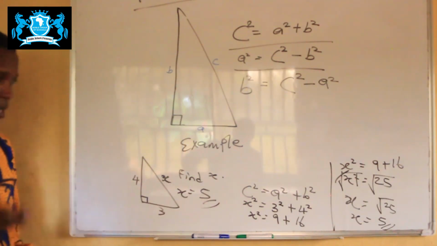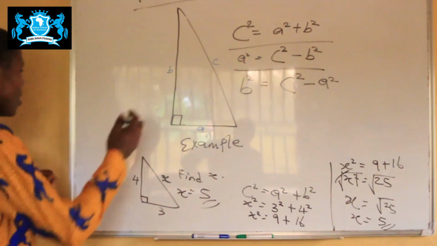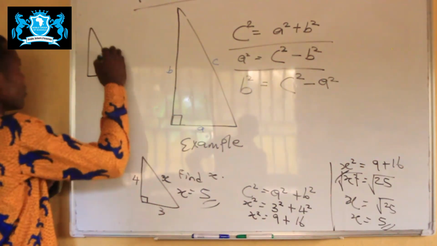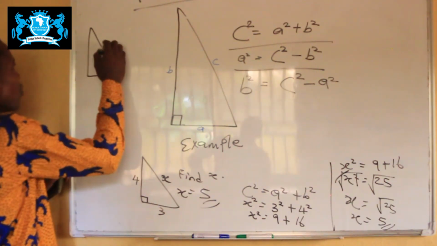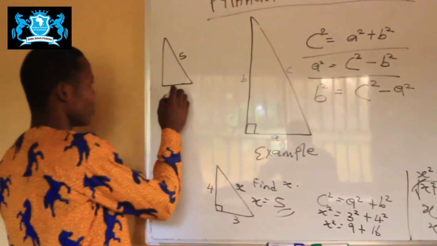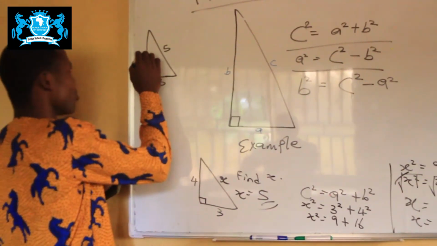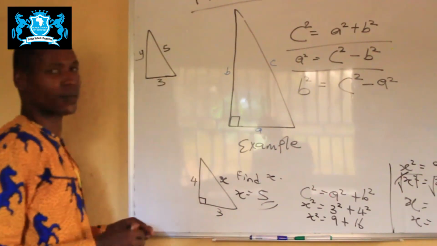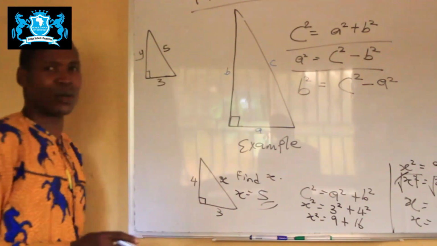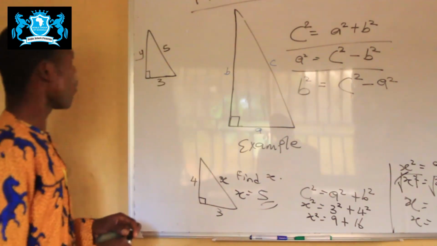Do you understand? Another way to look at it is, what if we are given, let's assume we are given the hypotenuse 5, and given 3, and then we are asked to find our y. And this is a right-angled triangle. Please follow me. What do you do?